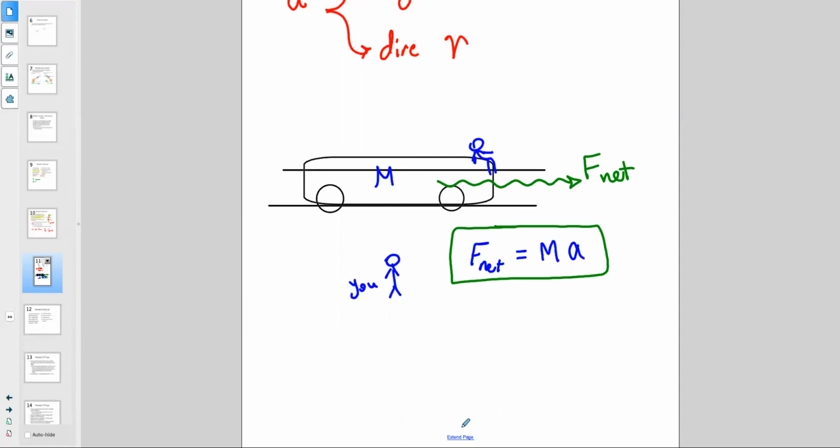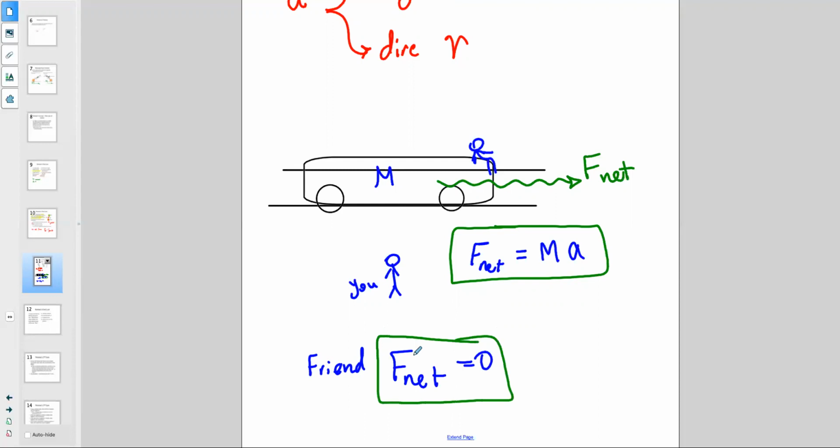When you are looking at the same Newton's second law, the same law, but from the point of view of your friend, who is on top of the train, then what your friend is writing is this. F net is 0. That's what your friend is writing, because he's on top of the train and the train with respect to him is not moving.